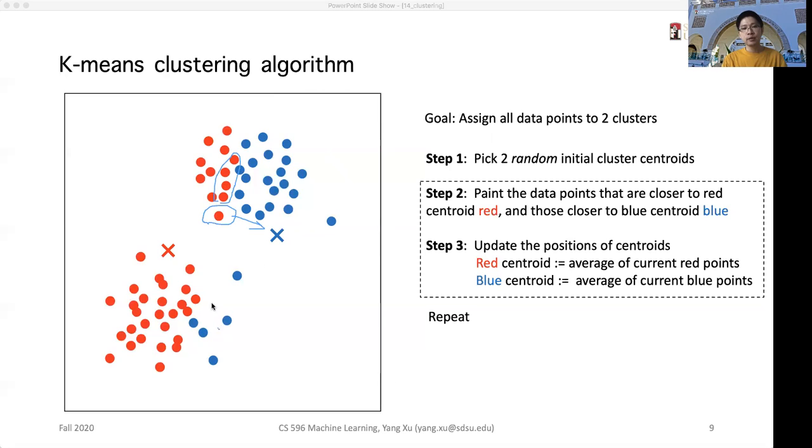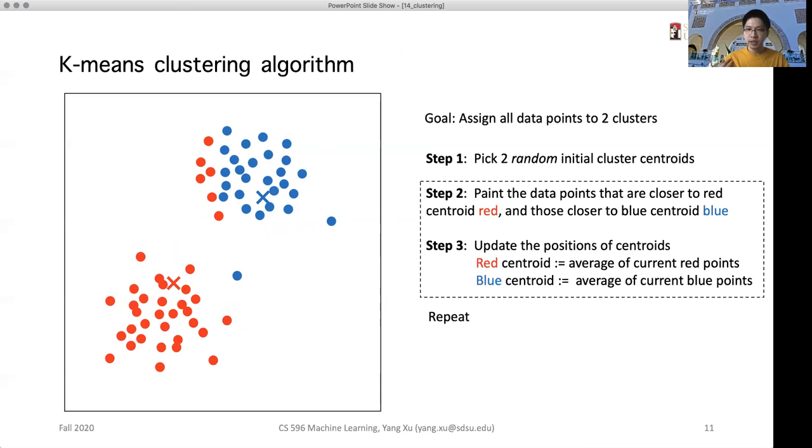And those data points that were closer to the old blue centroid are now apparently closer to the red one. So the colors need to be updated. We need to repeat step 2 by repainting all the data points after we recalculate all the distances. Notice the difference here, they are recolored. Then step 3 is processed because the centroids need to be updated.